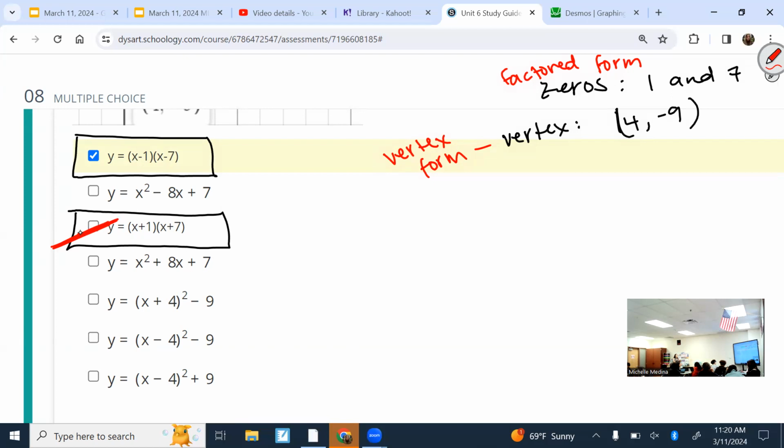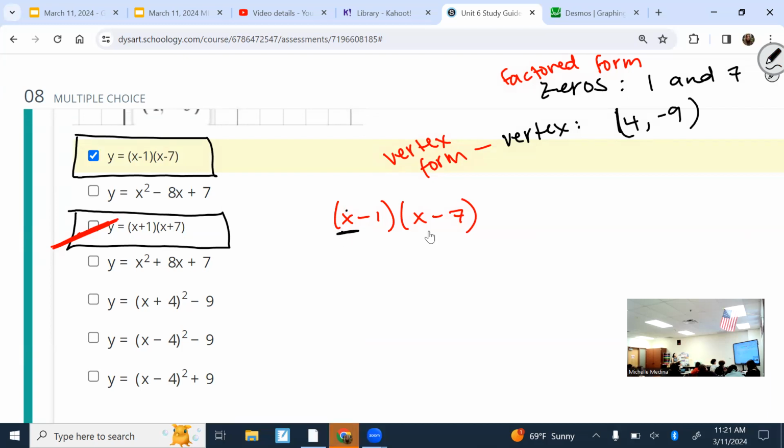Well, actually, since I have factored form already, let's do factored to standard, because that's pretty easy. I would more recommend that than going from vertex to standard form. So to go from factored to standard, you would multiply these out. Let's do foiling.